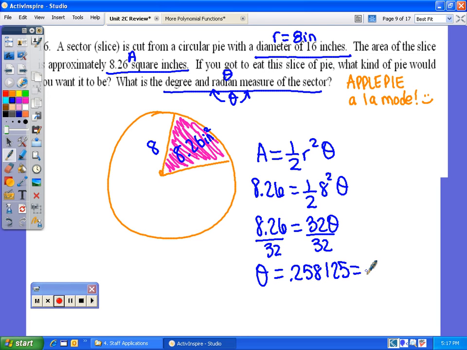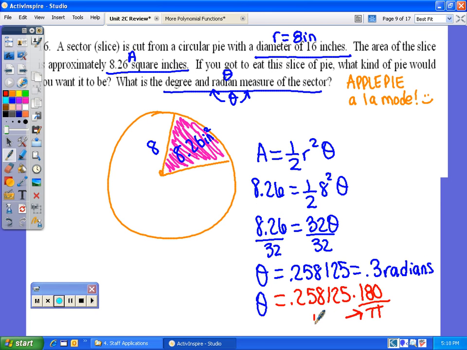If you do want to round it, I know I told you not to round it in class, but you can round it to 0.3 radians. But, and I say this big but, when you are trying to find the degree measurement, I want you to put that whole thing as your radian measure, and to find the degree measurement, you simply multiply by 180 over pi.